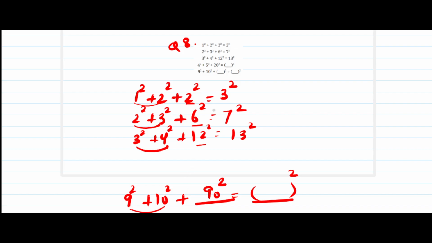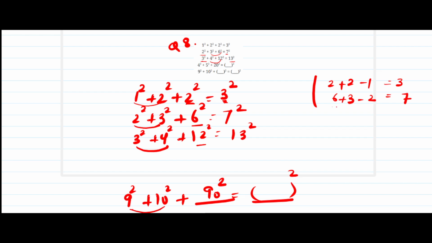Now for the last term, see how we are getting it. It is obtained as 2 plus 2 minus 1, 6 plus 3 minus 2. Can you see that? 2 plus 2 minus 1 is 3. 6 plus 3 minus 2 is 7. Right? 6 plus 3 is 9, 9 minus 2 is 7. 12 plus 4 is 16, 16 minus 3 is 13.